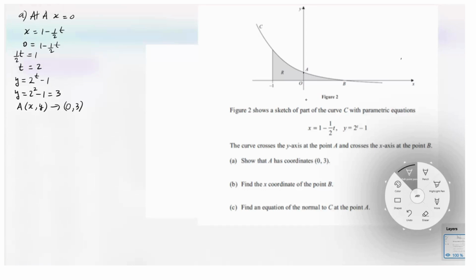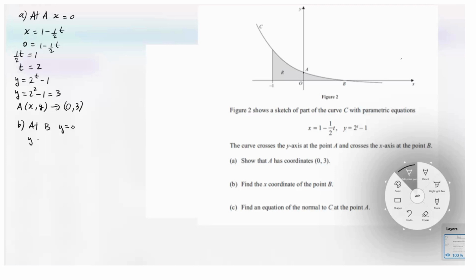Let's move on to part B. Find the x-coordinate of the point B. So at B, y equals 0. Let's write the statement. At B, y equals 0. We have y as 2 to the t minus 1.